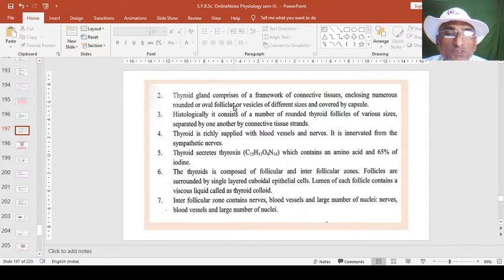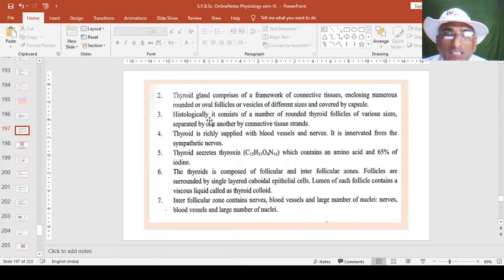So connective tissues are there combining both these lobes with each other, and enclosing numerous rounded or oval follicles or vesicles of different sizes and covered by a capsule. So capsule encloses the whole gland for the safety and protection.